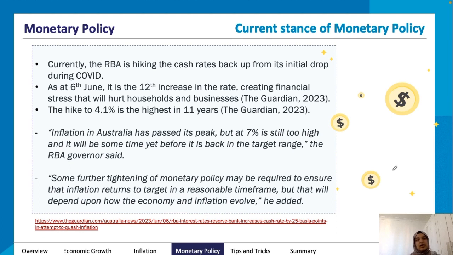This idea that when we increase the rate, we have to think about the fact that a lot of people have mortgages on a variable interest rate, and paying that back can be very difficult if there are rate increases. We also have to consider that a lot of people need to spend for their businesses, things like that.